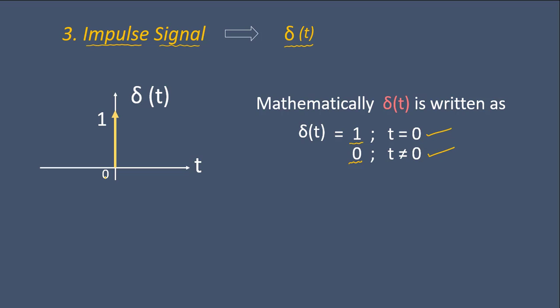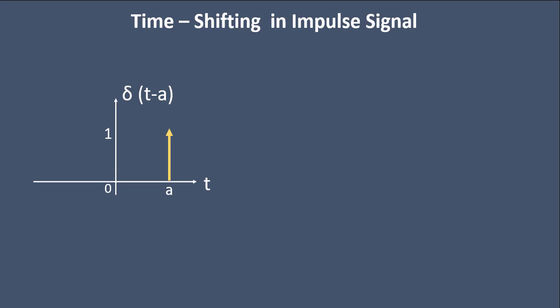Now let us see the time shifted del of t impulse signal. Now the signal is del of t minus a. So if you put t minus a equal to 0, you will get t equals a. So the impulse is present at t equals a with value 1.